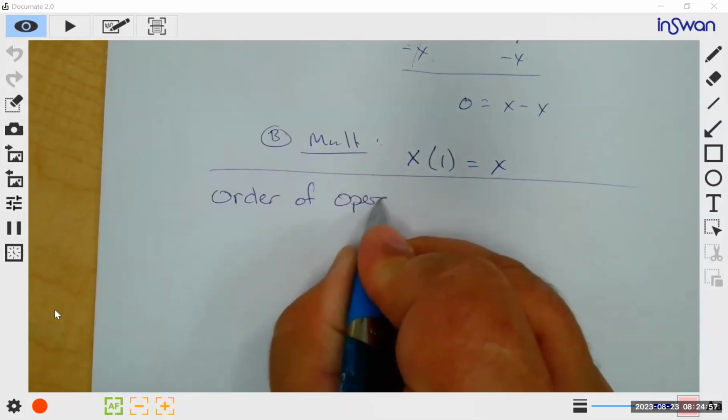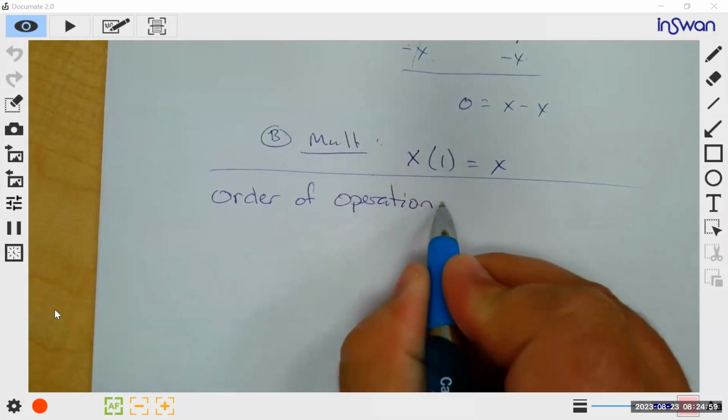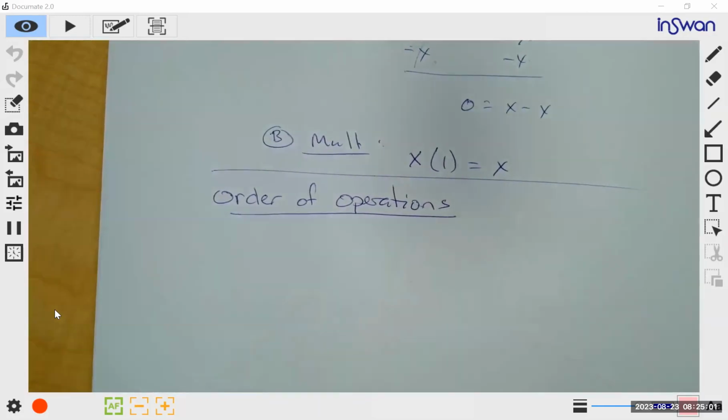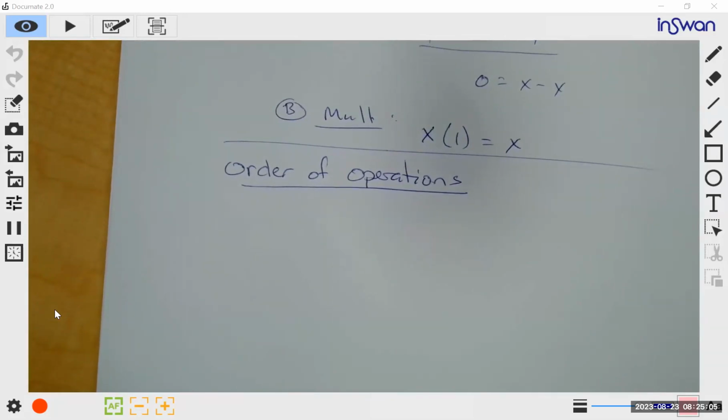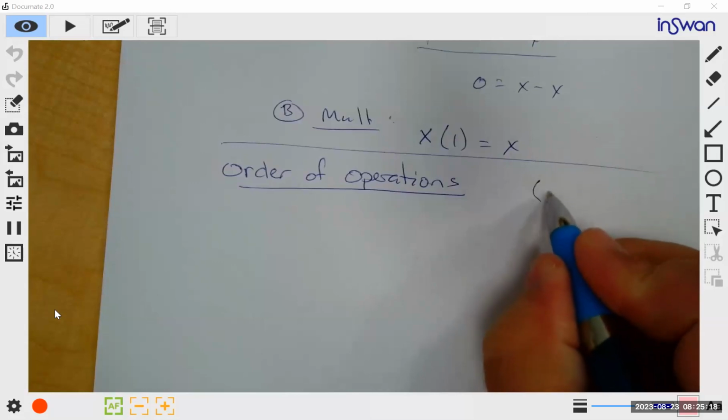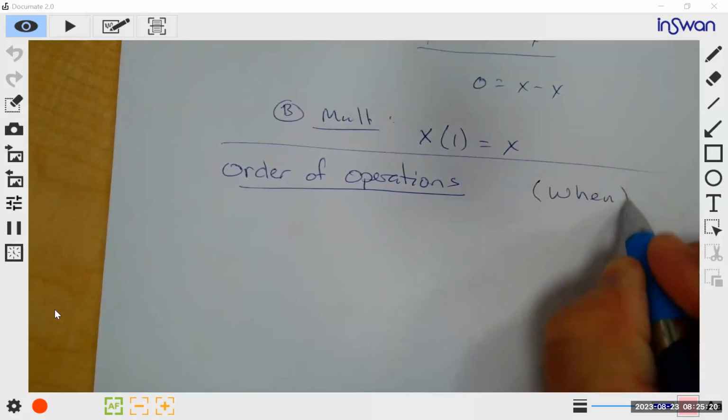The next part we're going to talk about is the order of operations. All those properties we talked about are worthless unless we know when to do them. The order of operations tells us when we can do something.